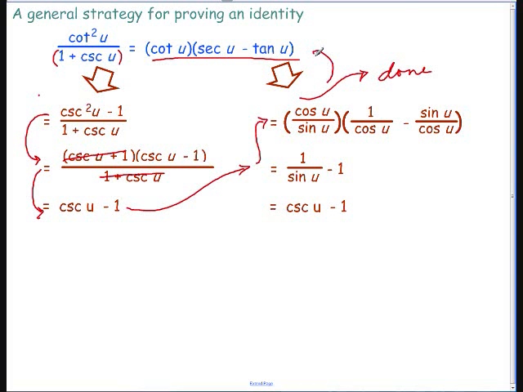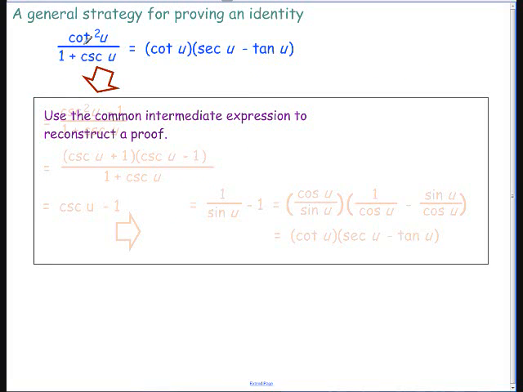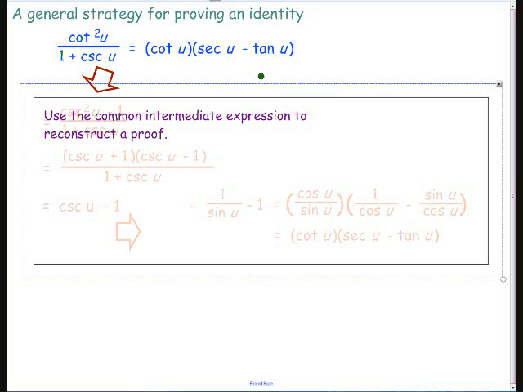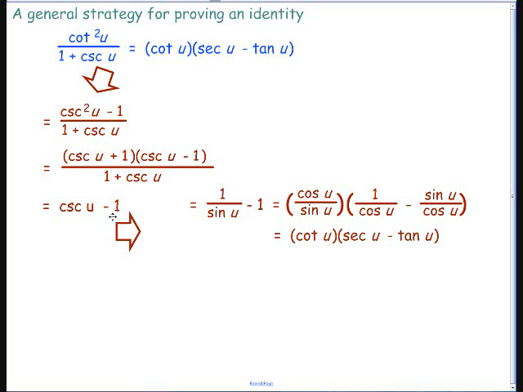Because I've proven it. So sometimes you might work from both sides to get to something common in the middle, which will give you a link to find the whole path. Now this is just showing that being done. So this just is what we looked at a moment ago.